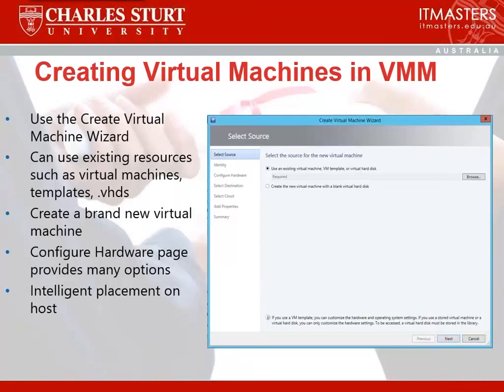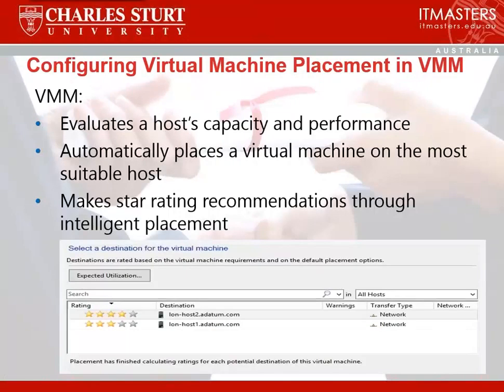How can you create a virtual machine in VMM? It's very similar, wizard based. You create a wizard, and you can use the templates. It will evaluate the host capacity and performance. It will automatically place a virtual machine on the most suitable hosts, so you don't have to really do something.